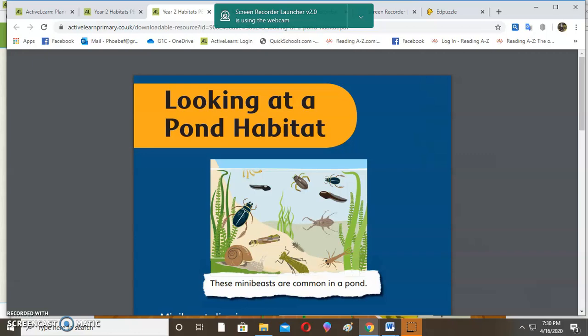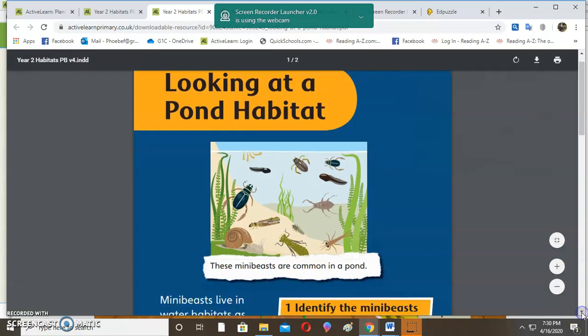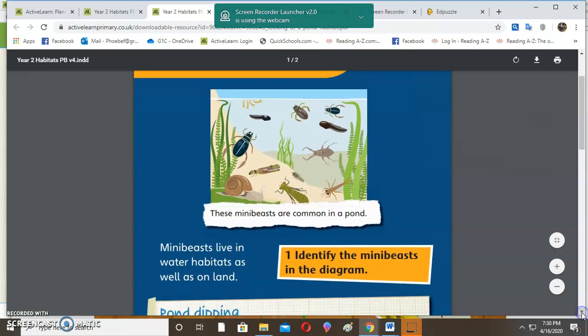Minibeasts live in water habitats as well as on land. The question is to identify the minibeasts in the diagram. Can you try and identify at least one or two of them? Like this is a tadpole, this is a beetle, this is a pond snail.